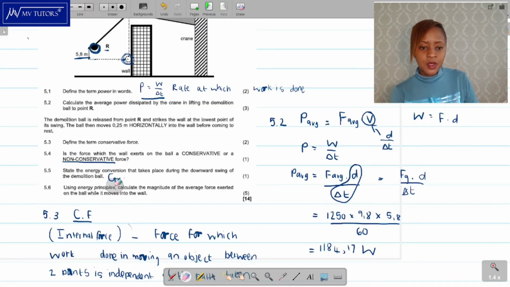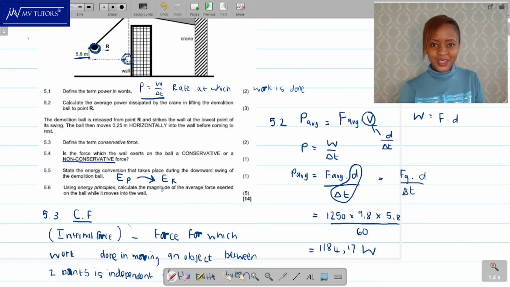So it would be potential energy, EP, which then converts to kinetic energy, EK. Obviously you're going to write that down in words properly.